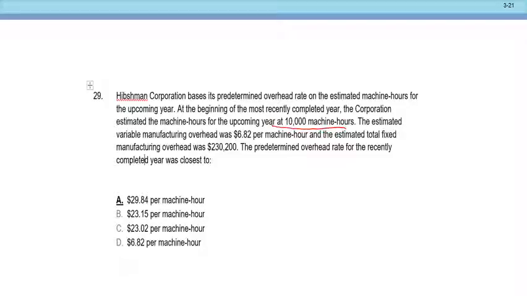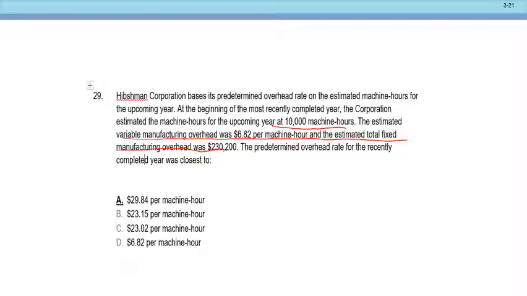So they used the experience that they had from the previous year to figure out what their machine hours were going to be for the next year, right? Then they said that variable manufacturing overhead was estimated to be $682 per machine hour, and total fixed manufacturing overhead is $230. And we want to get the predetermined manufacturing overhead rate.